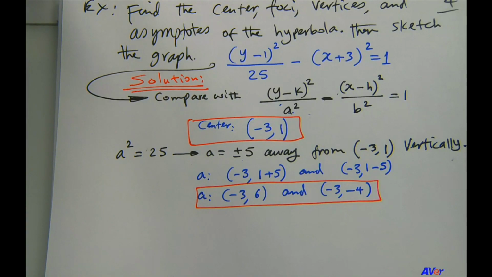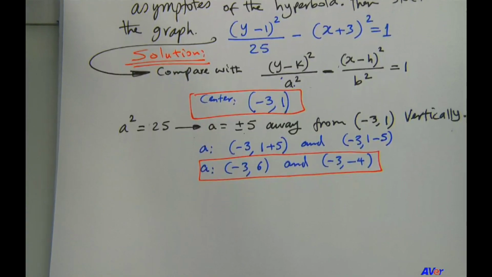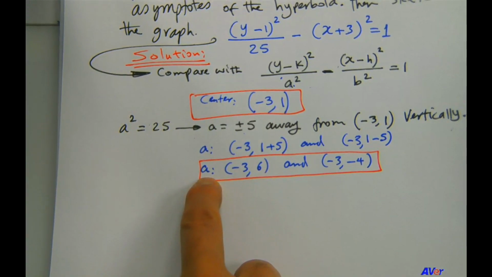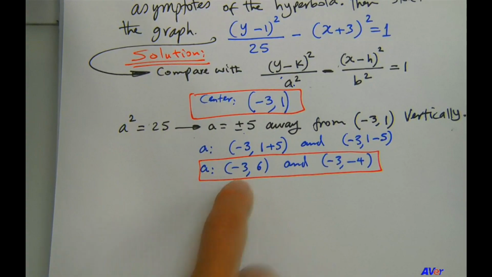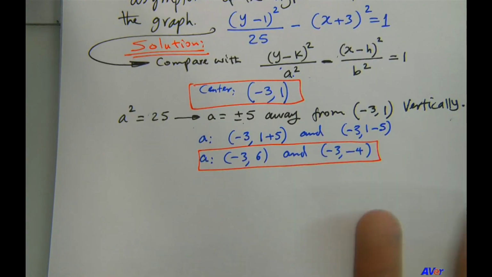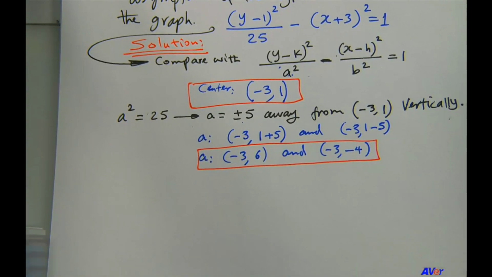But you can also use the equations of the asymptotes to do the same thing. Knowing b, in my opinion, makes it easier to draw the asymptotes, but it's not the only way.